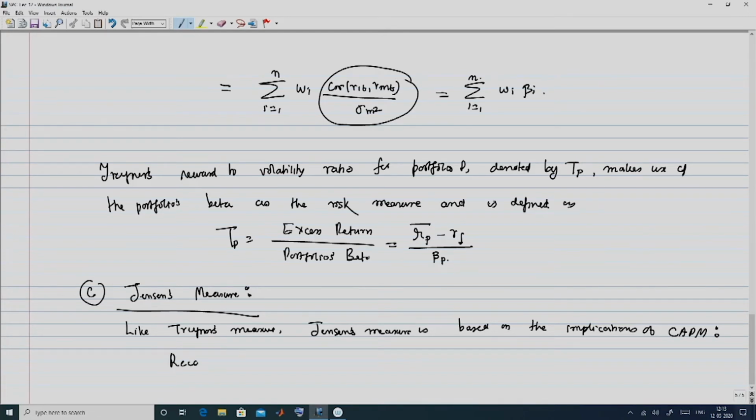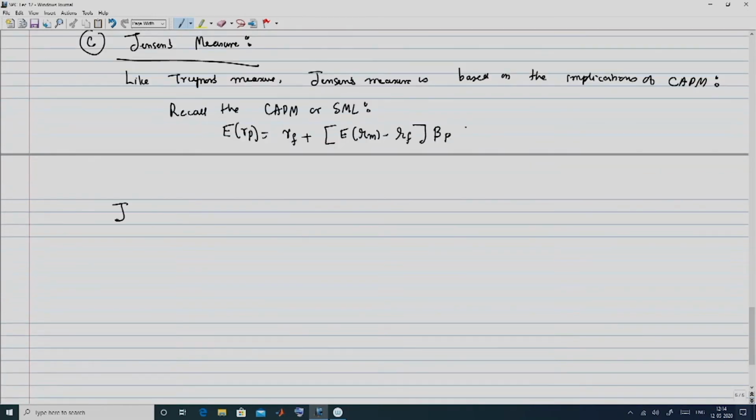So accordingly, recall the expression for CAPM or SML. You would recall that this is the expected return of the portfolio. So I am looking at this in the context of a portfolio: it is equal to R_f plus E(R_M) minus R_f into beta_P. So what Jensen did was to look at this CAPM and make some rearrangement.